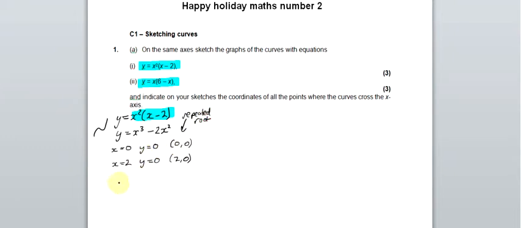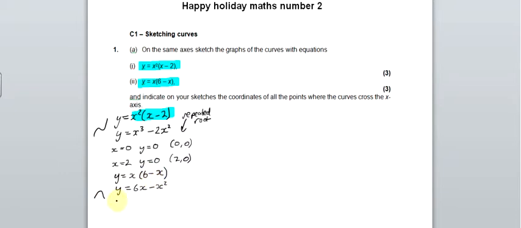Now for the other one, y equals x brackets 6 minus x. Let's multiply out and we get y equals 6x minus x squared. And that tells us that it's a negative quadratic, like that.